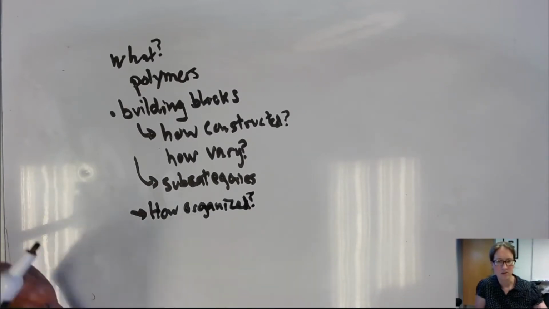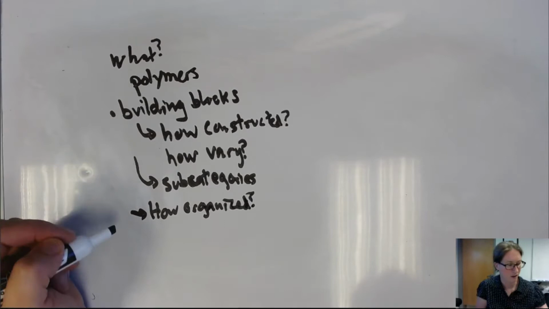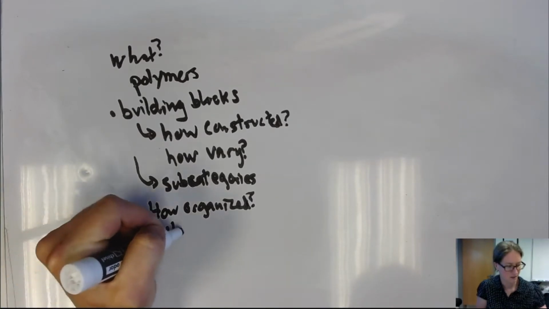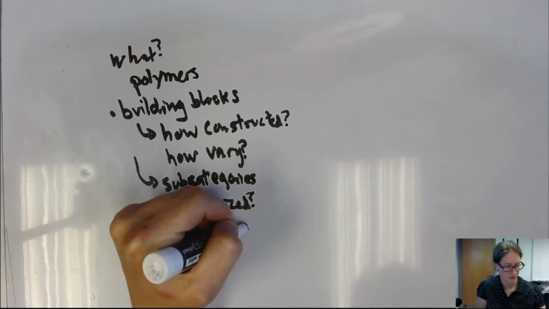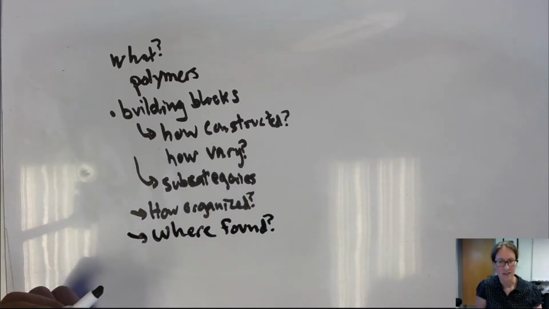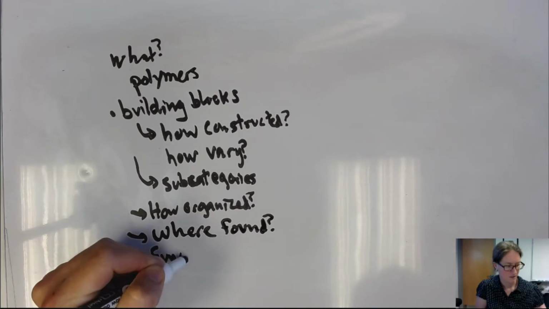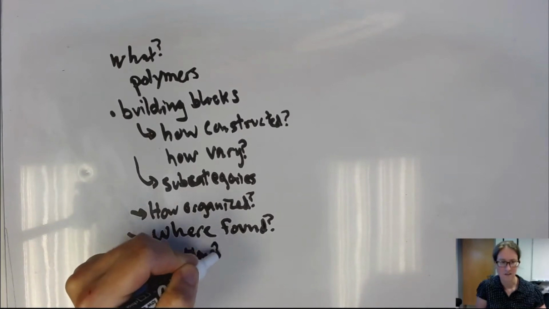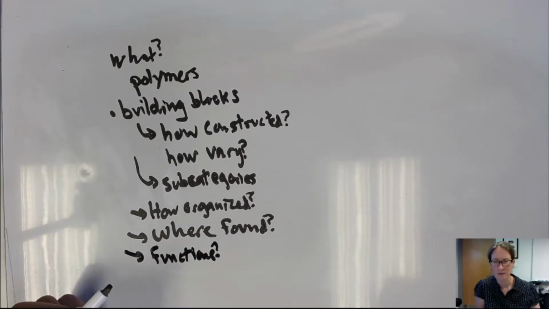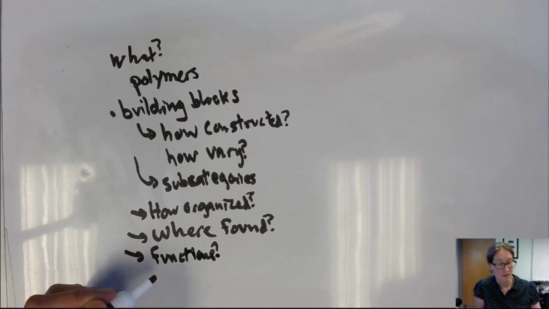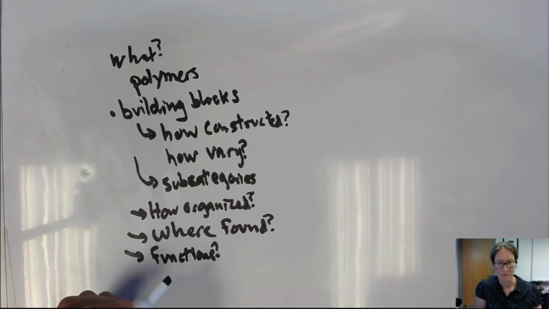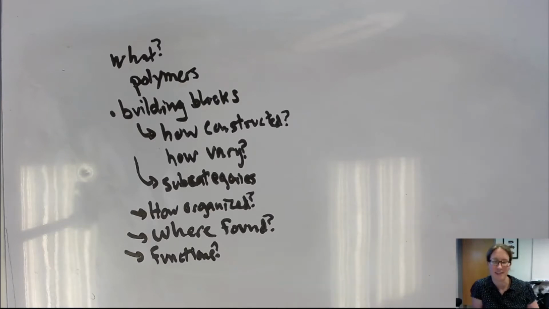And along with that, we're also going to want to start talking about where they're found inside of cells. And that's going to give us some ideas as to the specific functions of these macromolecules inside of cells. And again, make note that the functions of a polymer are very closely related to the properties of that polymer. And lastly, there's another question for us to consider, which is, well, why do we need to know these things?